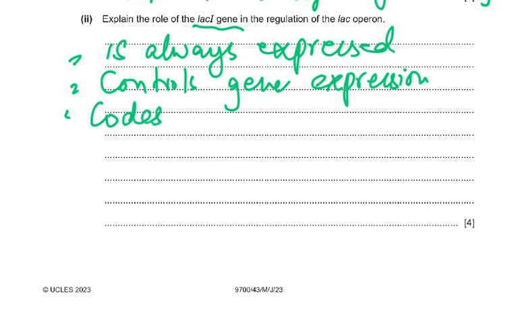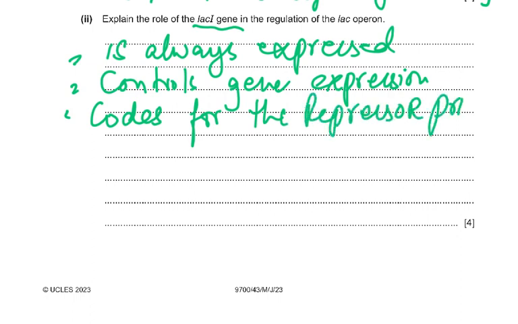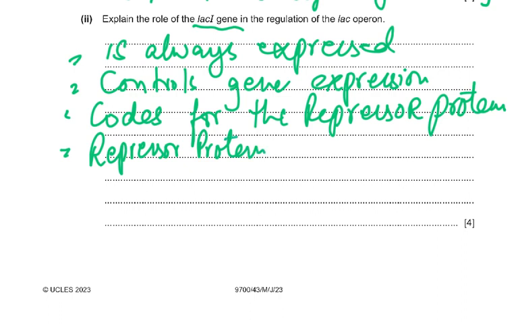This I gene codes for the repressor protein. Now, what does the repressor protein do? The repressor protein binds to the operator, or you can say blocks the promoter. So the repressor protein binds to the operator.